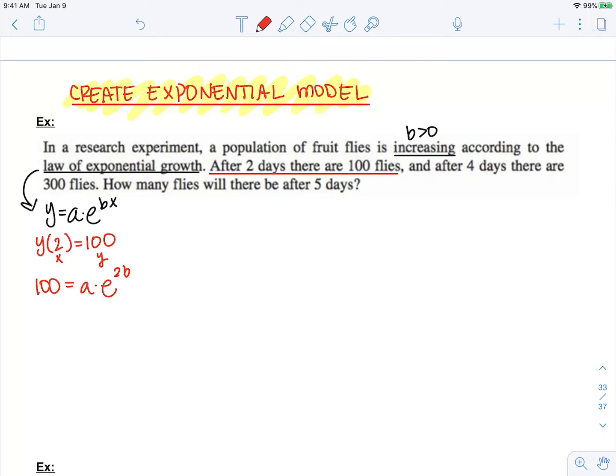I can use this to figure out what a equals in terms of b. So find a in terms of b. And we'll have a equals 100 over e to the 2b.